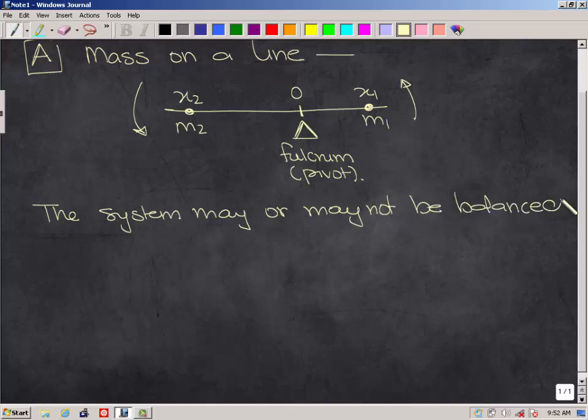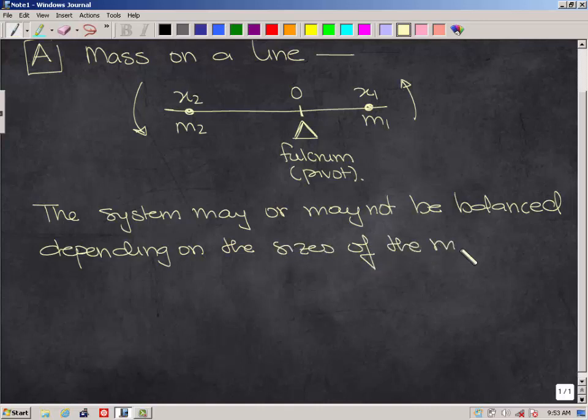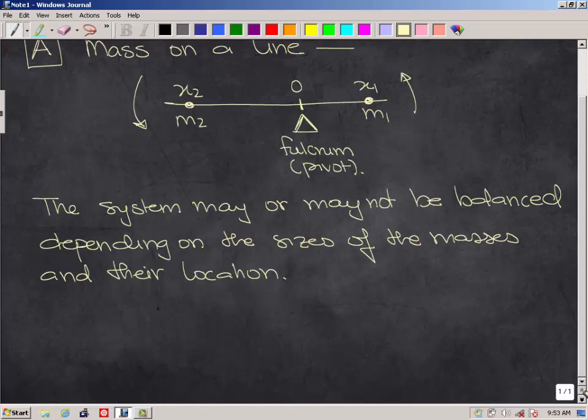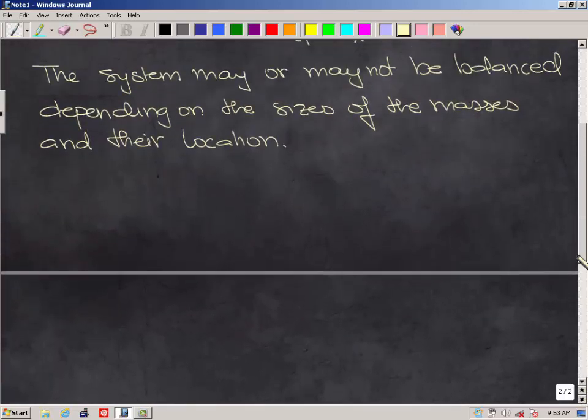If it was balanced, it wouldn't rotate. It depends on the size of the masses and their locations. So it may or may not be balanced depending upon the masses and how far they are located from the fulcrum.